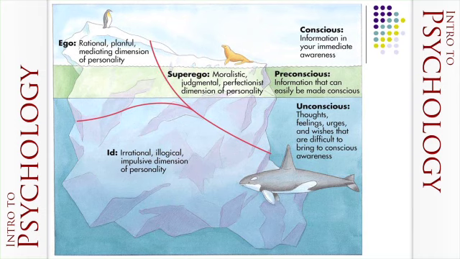Moralistic, judgmental, perfectionist dimension of personality. That's pre-conscious, meaning information that can easily be made conscious with an effort. Then id, irrational, illogical, impulsive dimension of personality. Unconscious thoughts, feelings, urges, and wishes that are difficult to bring to conscious awareness. This is unconscious, okay?